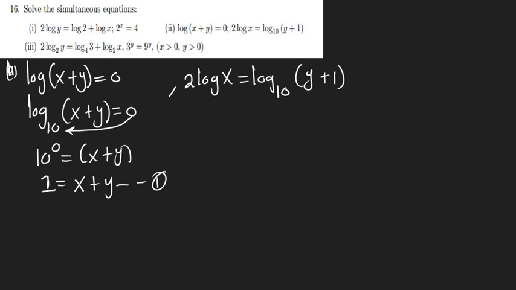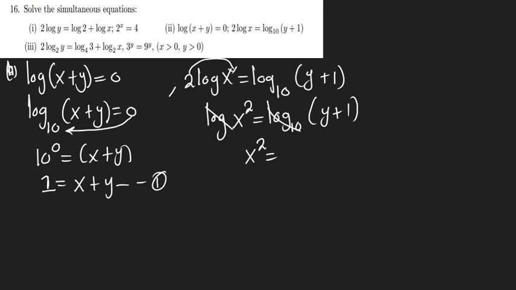Then this part, the 2 can come this side, so it's going to become log x to the power 2, which is the same as log base 10 of y plus 1. The logs can cancel, so we're going to have x to the power 2 equal to y plus 1.